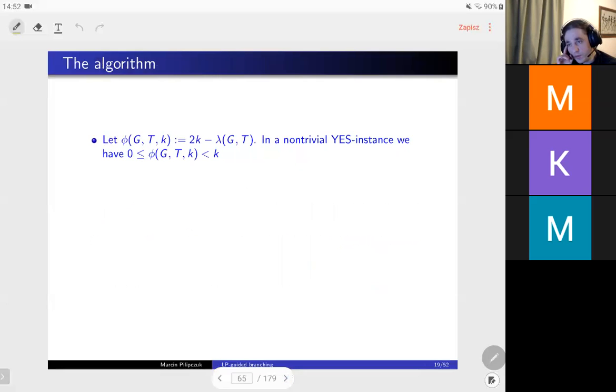Okay, so we'll be looking at this potential, which is, we thought previously of k minus half the sum of ci's. We'll be looking at twice this. So this is our budget for deletion, and this is our lower bound. We're looking at the excess above the lower bound, and it will be easier to look at twice the excess, so that our decreases are integral.